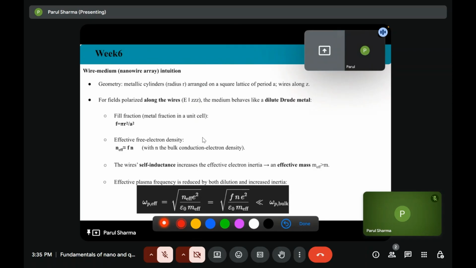So now we will go into more details of the negative index theory. We need to engineer the electric and magnetic response in order to achieve a negative index. So how can we do that?